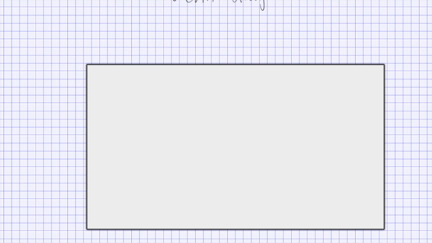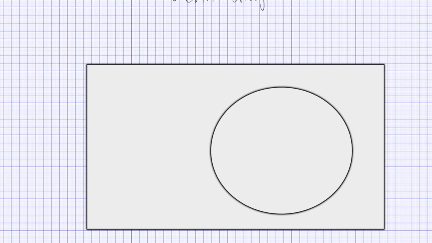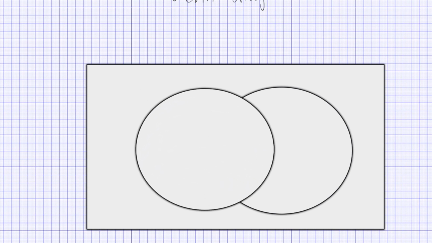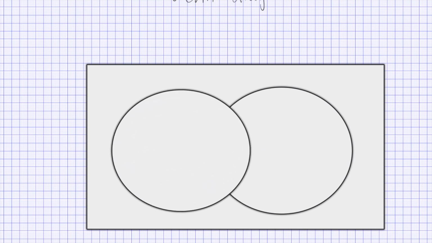But for the purpose of this, we're just going to have two, and we're going to use a circle for each of them to tell us which category each result falls into. It is important at this point that we make sure that some of them do overlap a little bit.